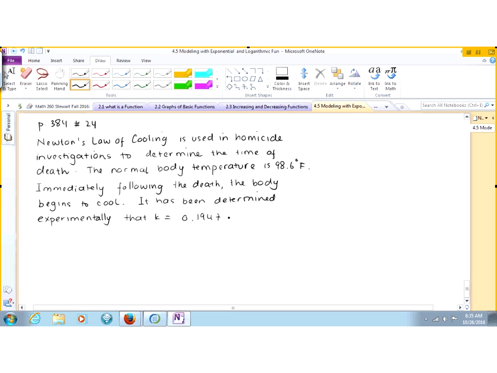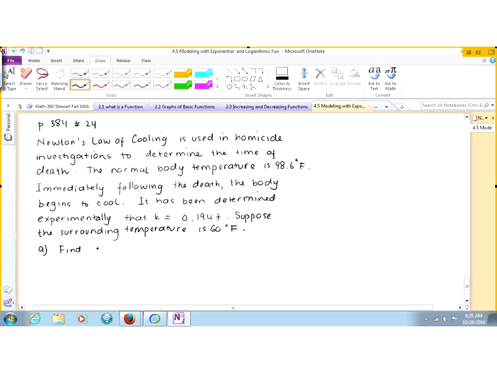Time is measured in hours. Suppose the surrounding temperature is 60 degrees Fahrenheit. What is the initial temperature? 98.6. What's the surrounding temperature? 60 degrees Fahrenheit.